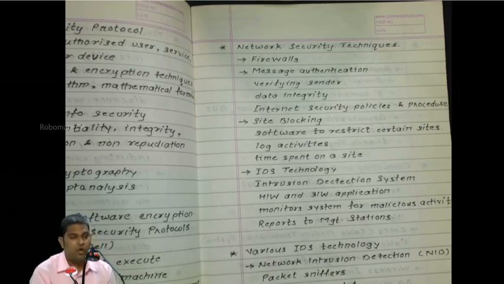Then the next thing is log activities. Log activities means what? It will create a list. Log is nothing but a report. It will create a report of which user visited which particular site. Many times, when you are working with a regular site, some advertisements pop up in between. That is also noted. So the user can say that I never intended to open that site, it actually popped up.